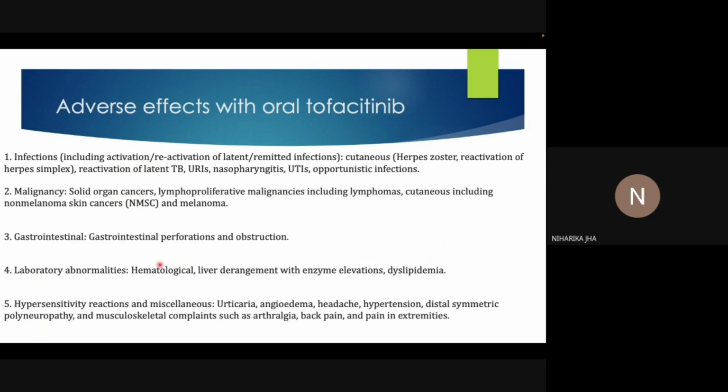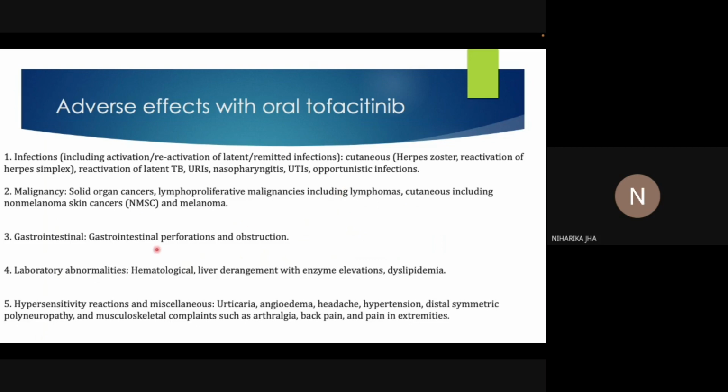What are the adverse effects with oral tofacitinib? Topical we have already discussed. What about the oral tofacitinib? Obviously, it can result in activation or reactivation of infections, be it tuberculosis, cutaneous infections such as herpes zoster, UTIs, or other opportunistic infections. Malignancies such as solid organ cancers, melanoma, non-melanoma skin cancer, and lymphomas.